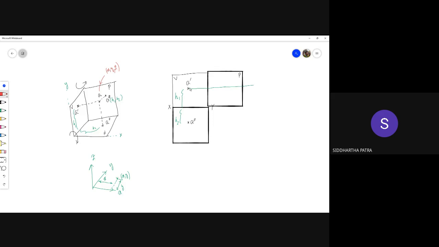Again, if you take two projections in two different planes, you have four values representing the position of the point. Of these four values, three are independent. Let me tell you which coordinate is not independent.